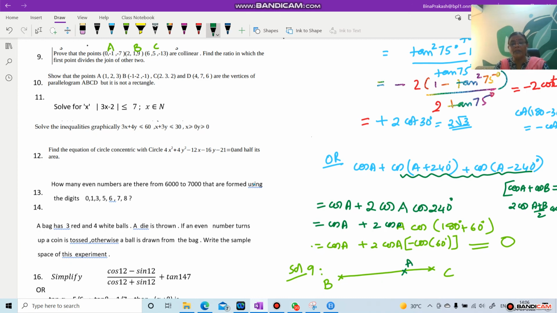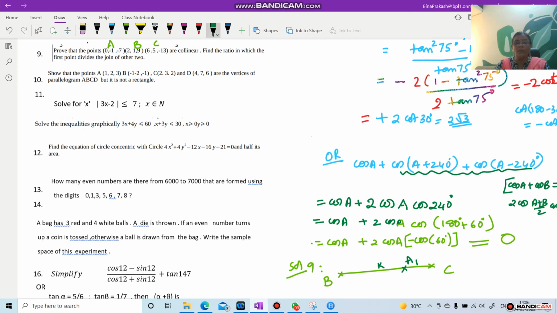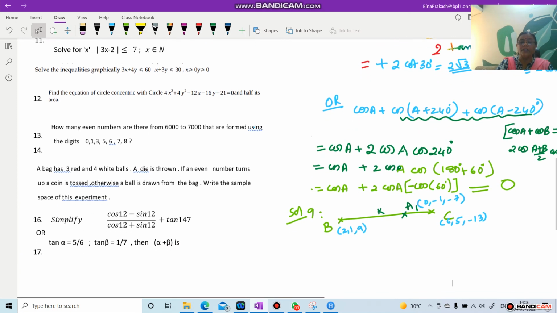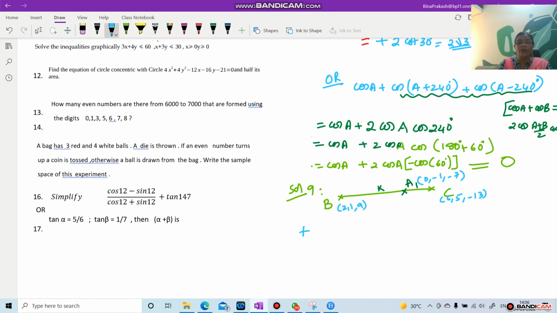Let us assume that the ratio in which A divides BC is k is to 1. If you are able to get all the points in this ratio k is to 1, and the ratio remains the same in each situation, then we have it as collinear. This is 6, 5, minus 13, and that is 0, minus 1, minus 7. So what is the x coordinate formula for A?